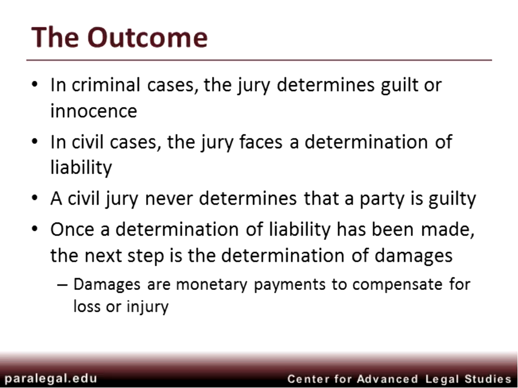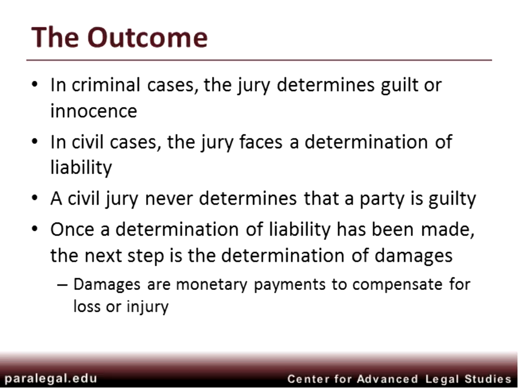Example, automobile accident. Some guy runs a red light while you're entering the intersection, plows into your car. What's going to happen is if a settlement is not reached, then you're going to sue that person, and their insurance company is going to answer the lawsuit for them, and you're going to be asking, once you go to trial, for damages. You're going to say, number one, that they're liable because they were negligent in running a stoplight and injuring you, and that liability is the proximate cause of damages that you sustain.